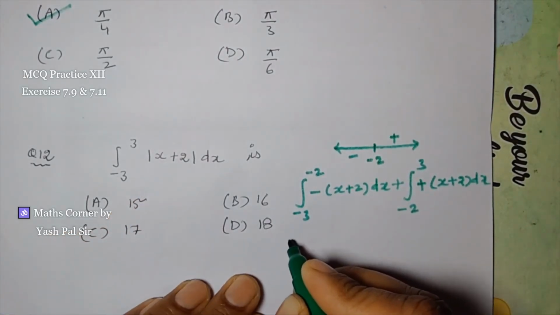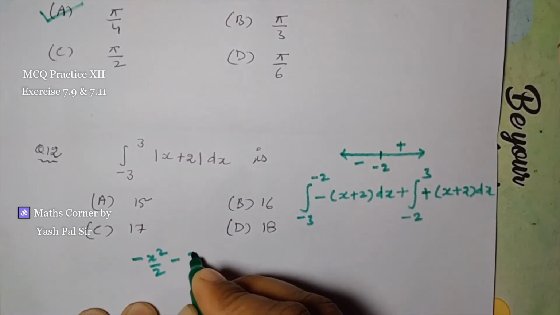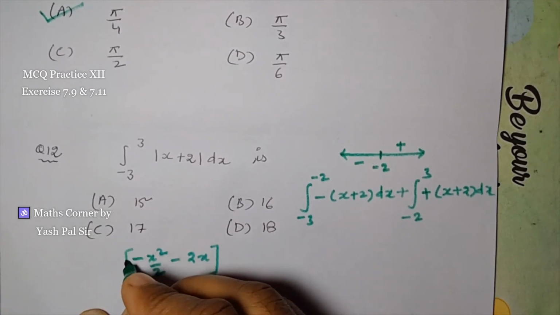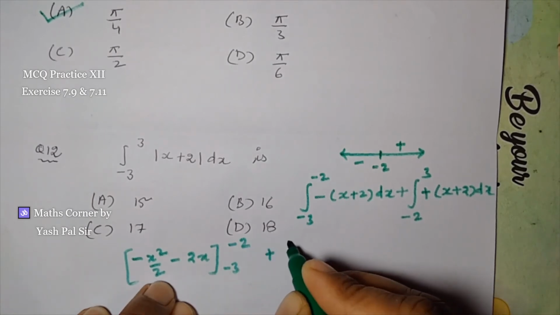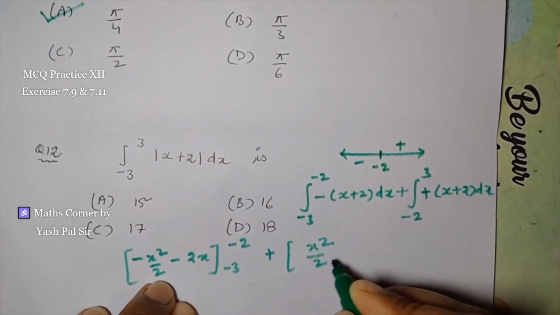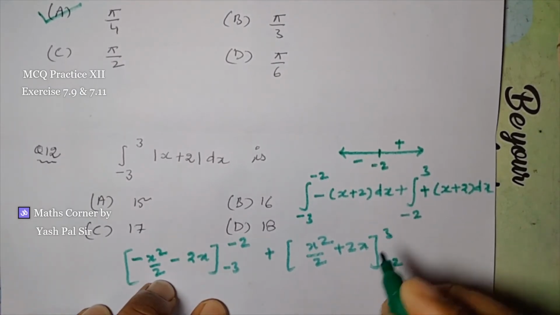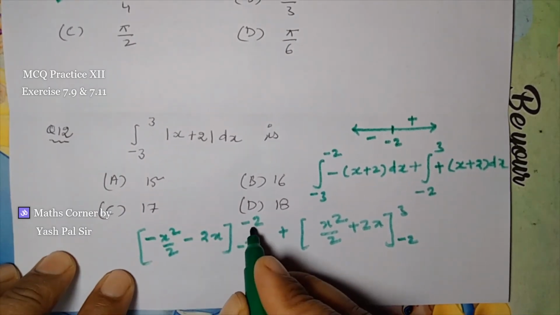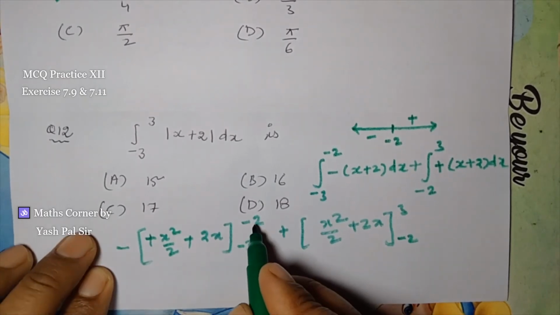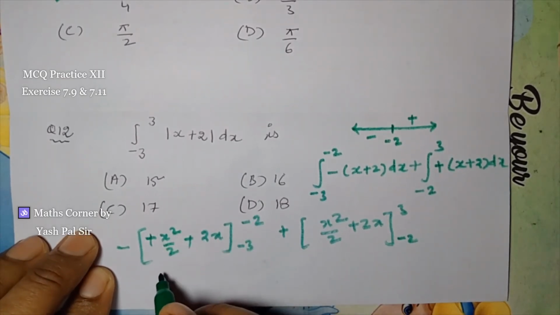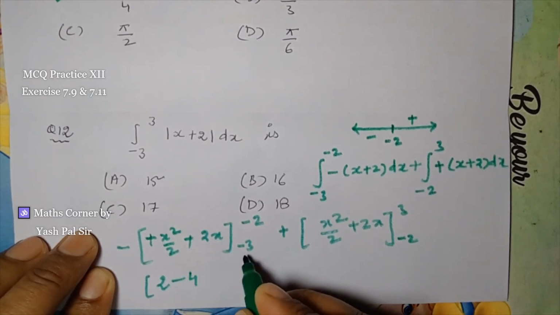Now solving this we have minus x square upon 2 minus 2x, lower limit minus 3, upper limit minus 2, plus x square upon 2 plus 2x, lower limit minus 2, upper limit 3. So again solving this, minus 2 whole square is plus 4 upon 2, so this becomes 2, minus 2 into 2 is 4.